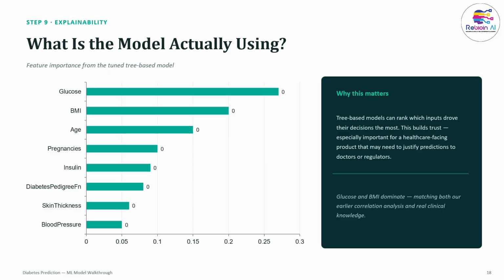And reassuringly, glucose and BMI dominate this chart. The exact same two features that stood out in our correlation analysis several slides ago, and the same two a doctor would check first in a real clinic. That consistency between our statistical analysis and the model's actual behavior is a good sign. It's learned something medically sensible, not just noise.